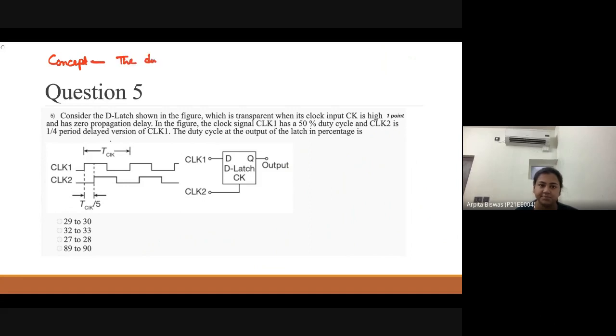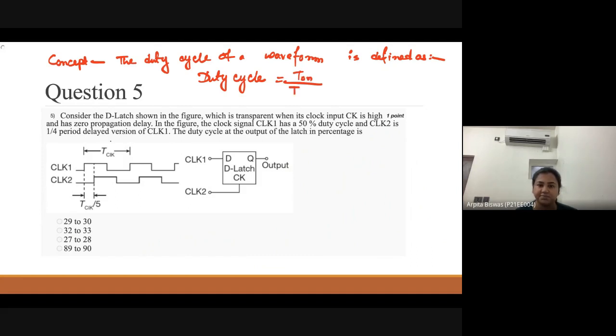The duty cycle of a waveform is defined as T1 by T, where T is the time period of the waveform.